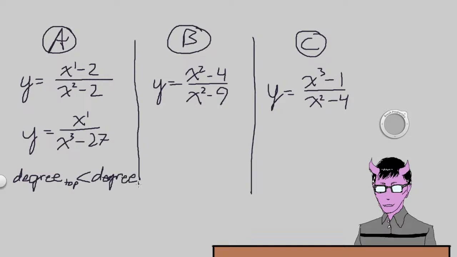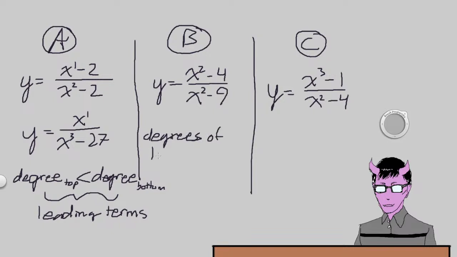That's for the leading terms. And in here we have the degrees are the same. My goodness, my penmanship is atrocious. And of course the last one, the degrees differ by 1.